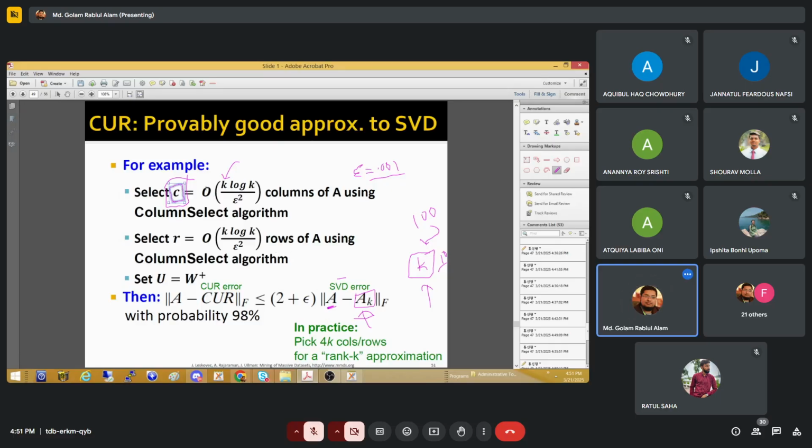So using this equation we can find out c, but in practice what we usually do is set the number of columns equal to 4k. So if k is 10, then 4 times k means we will select maybe 40 columns.